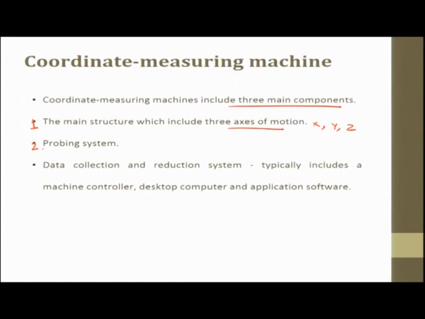Number 2 is the probing system. As I said, we have a mechanical probing system here. Number 3 is the data collection and reduction system. Data reduction means we clean the data. This typically includes a machine controller, which is our UCC, a desktop computer and application software.